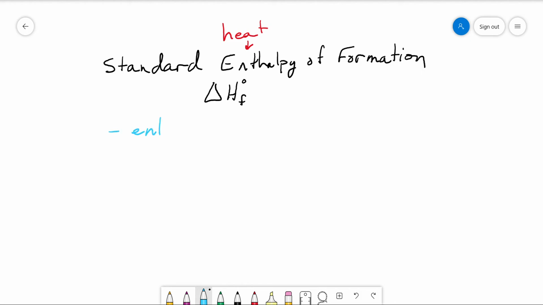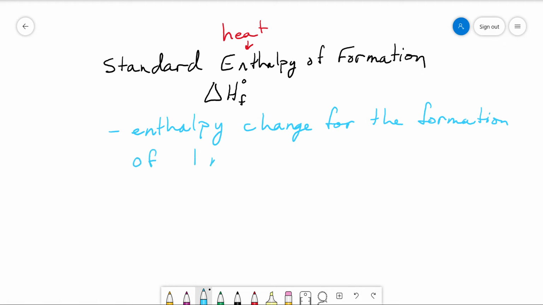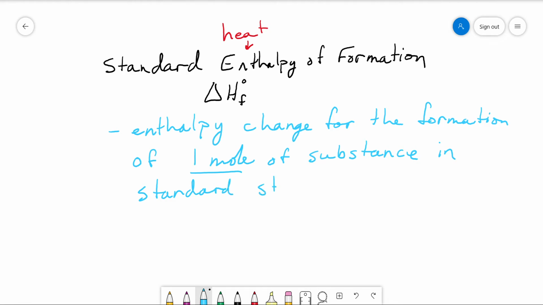It is the enthalpy change for the formation of 1 mole of substance in standard state from elements in standard state.